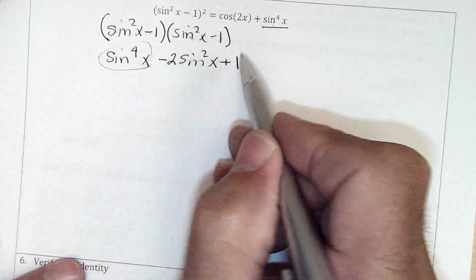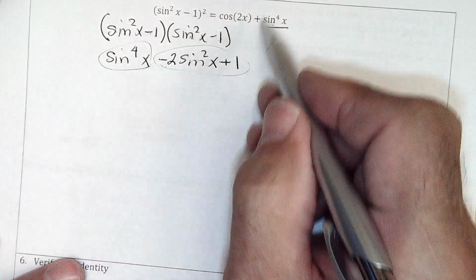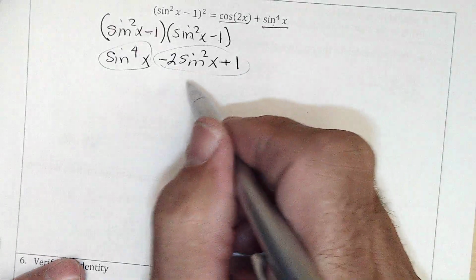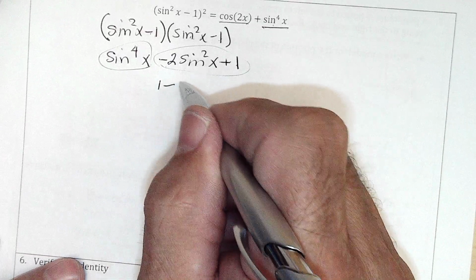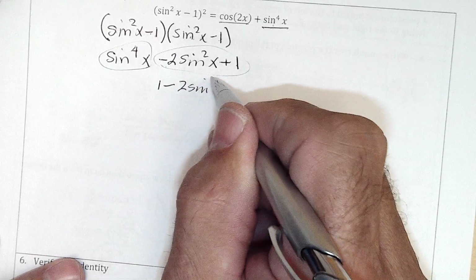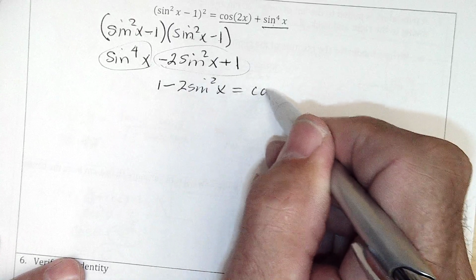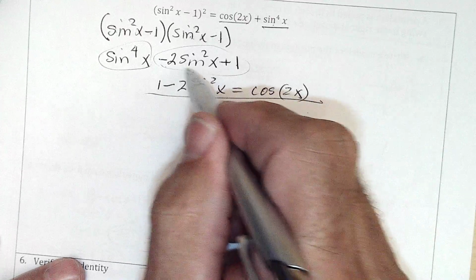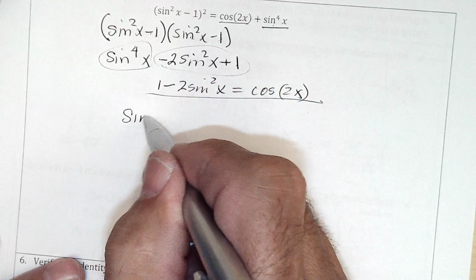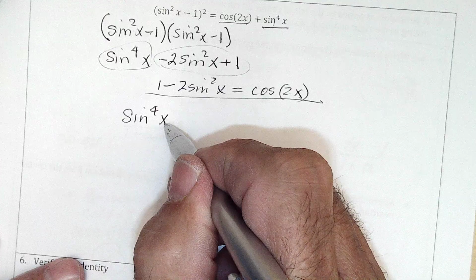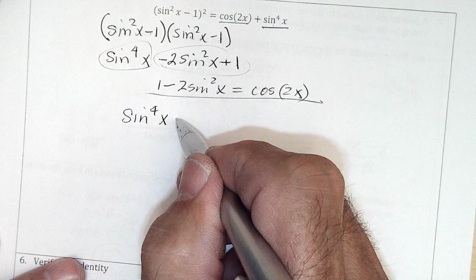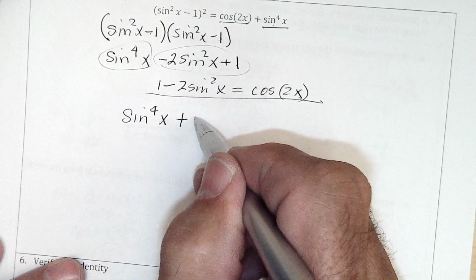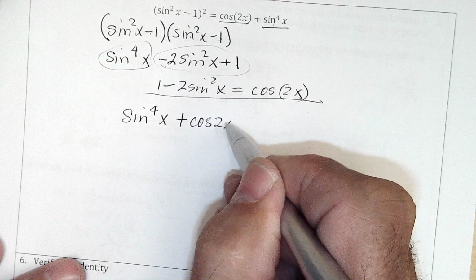And this, if you look at your identities for the cosine of 2x, 1 minus 2 sine squared x is a cosine of 2x from our list of things. So this becomes sine to the fourth x plus cosine 2x.